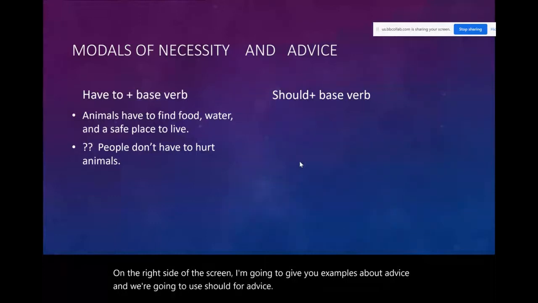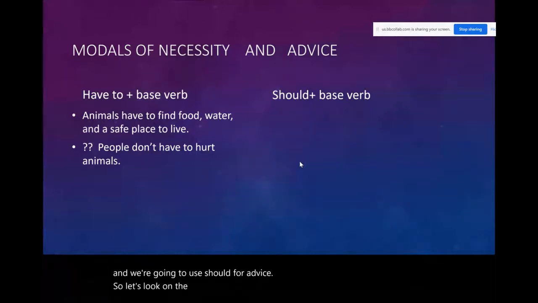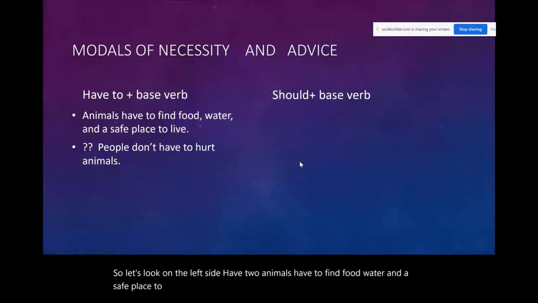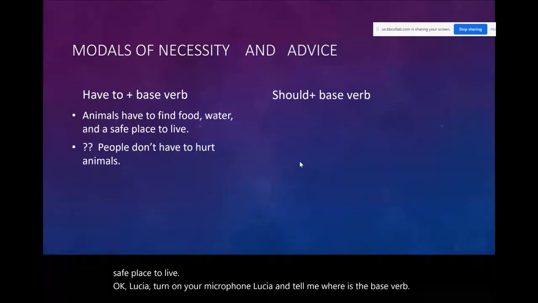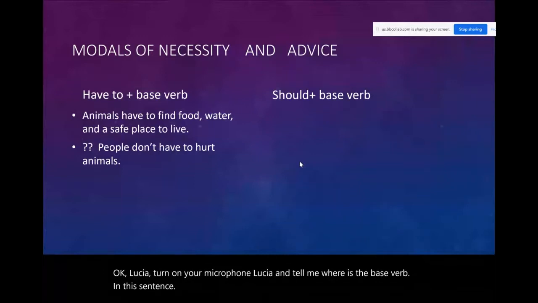Okay, so let's look on the left side, have to. Animals have to find food, water, and a safe place to live. Okay, Lucia, turn on your microphone and tell me where is the base verb in this sentence? The verb is have to find.